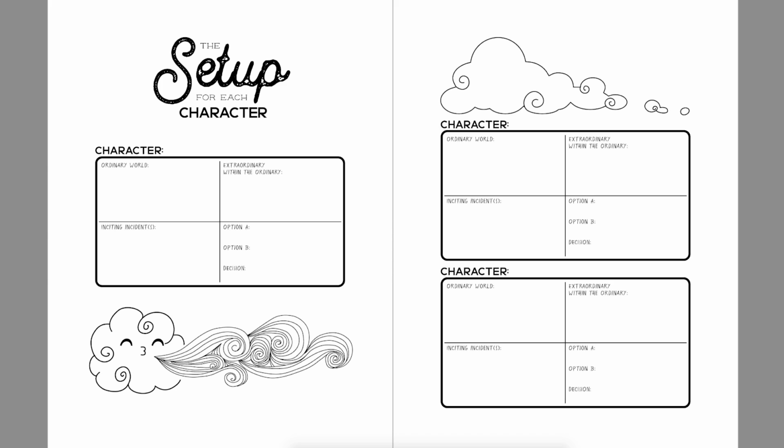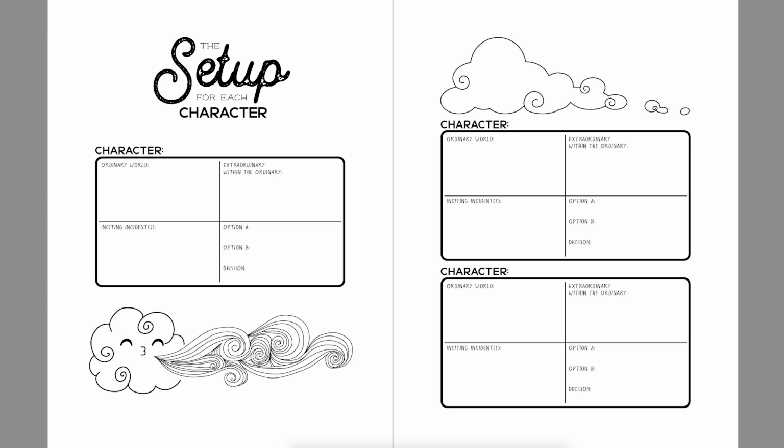But in the first book of the Hunger Games, President Snow is not really there. He's not a very present character in the story. So you may want to look at the system as a whole as a character. You can do a lot of different things for this.